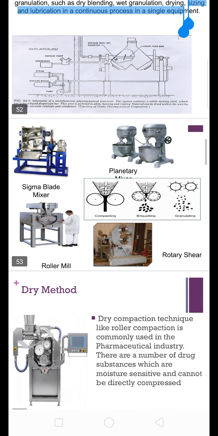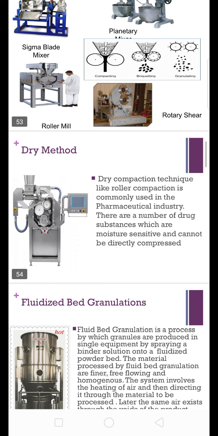Okay, so these are the figures of some machinery used in tablet preparation: sigma blade, planetary mixer, rotary shear, roller mill. Now in case of dry granulation, as we discussed earlier, which equipment do we use? It is called a chilsonator, and it is also called a roller compactor. It is commonly used in the pharmaceutical industry.